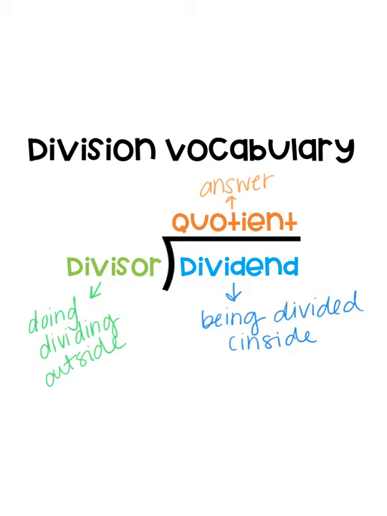Now we can write these in different ways. I could say the dividend divided by the divisor equals the quotient. And I could also write it in fraction form.